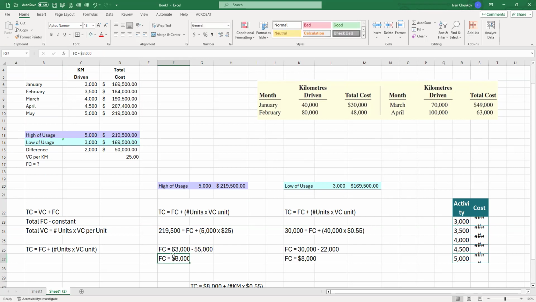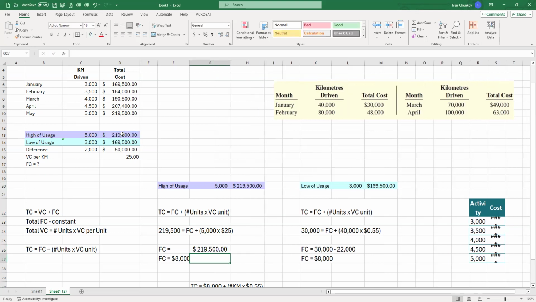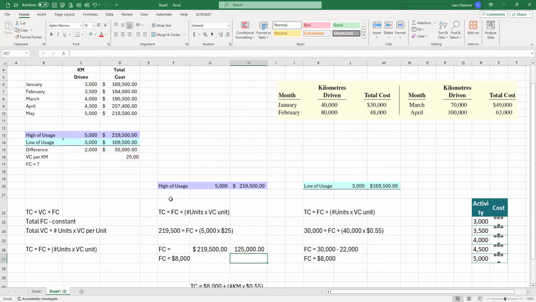I can easily, actually, what I can do is I can get those numbers. We're going to get here 295,000 and that number will be equal to 5,000 times $25. That will be 125,000. So my total fixed cost will be equal to, just to make it faster, this one minus that one, and that will be 94,500.